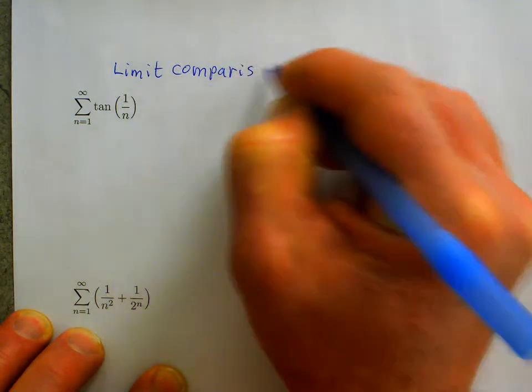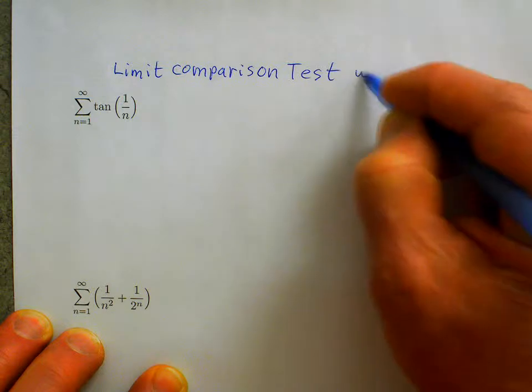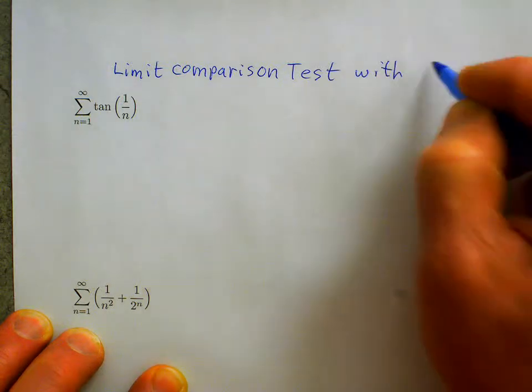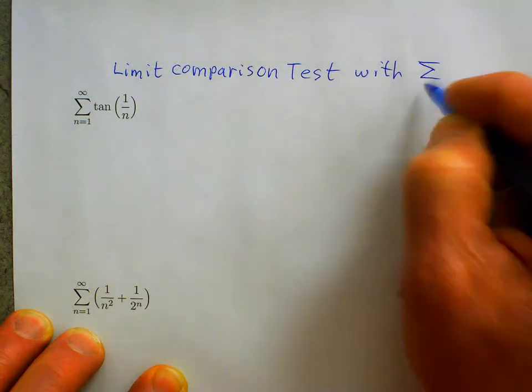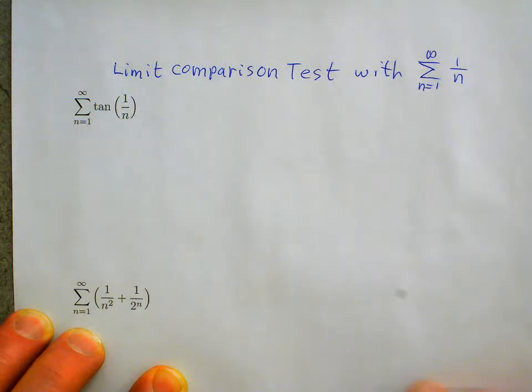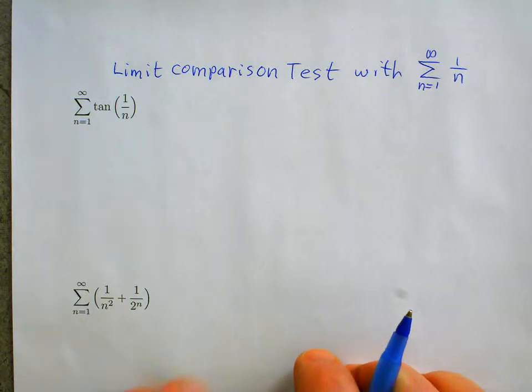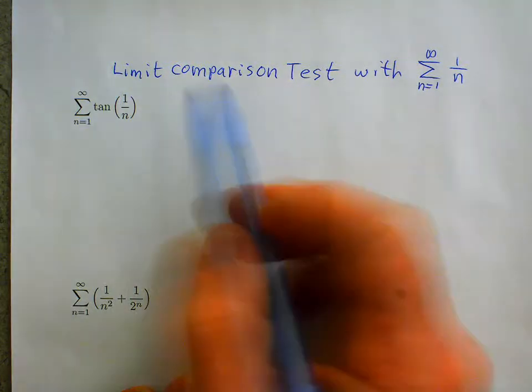Limit comparison test with the harmonic series, 1 over n. So remember what that says.